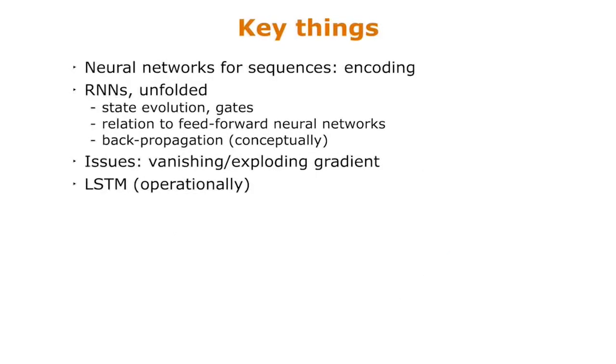So, key things to remember: how to use recurrent neural networks to turn sequences into vectors, solving the problem known as encoding. These recurrent neural networks can be understood as feed-forward neural networks along any particular sequence.